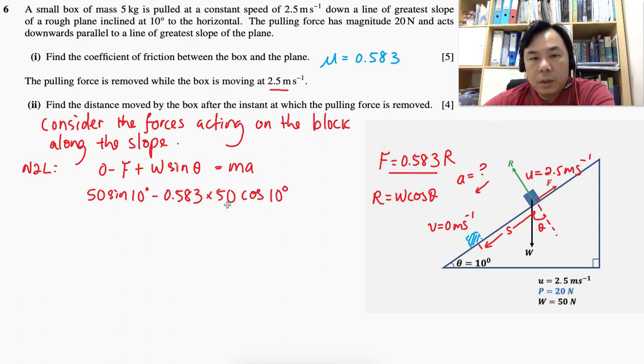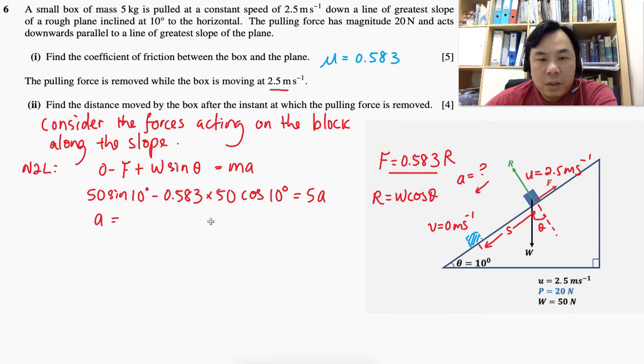That would yield an acceleration, which is given by this. From here onward, you should be able to find its acceleration.